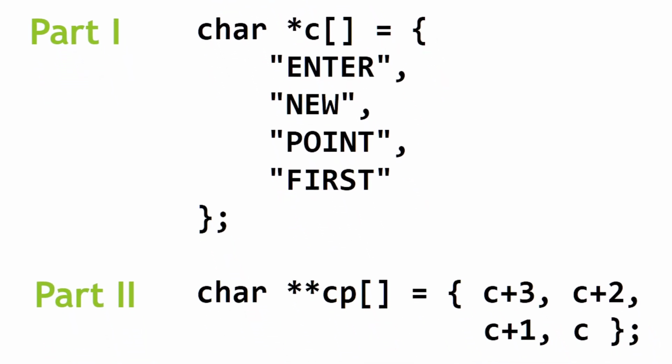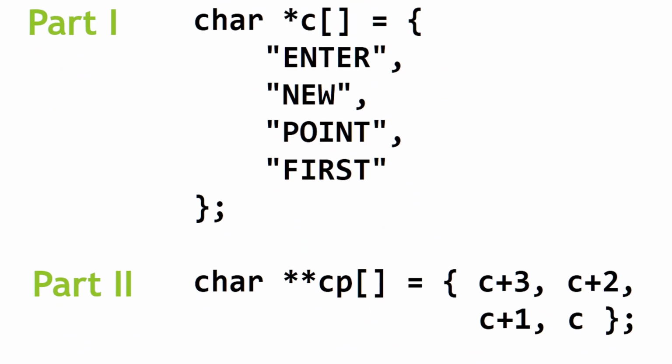As you can see in part 2, we're creating an array of pointers to char, and that's being initialized from the pointers to those 4 strings in part 1. But notice it's doing it backwards. So we're taking C plus 3, which is the base of the array in part 1, plus 3, so it's pushing that forward 3 pointers, if you will.